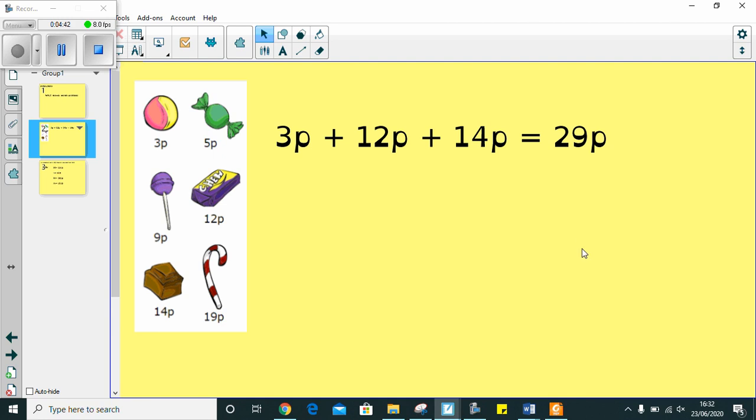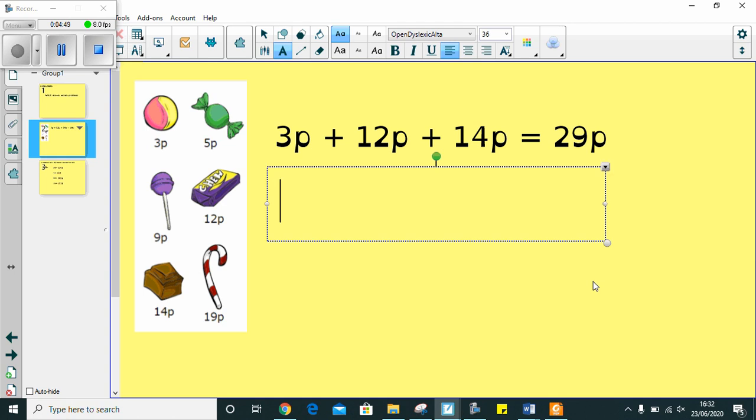Now, if I was going to pay with £2 to figure out my change, I need to do £2 subtract 29 pence. So I know that £2 is equal to 200.